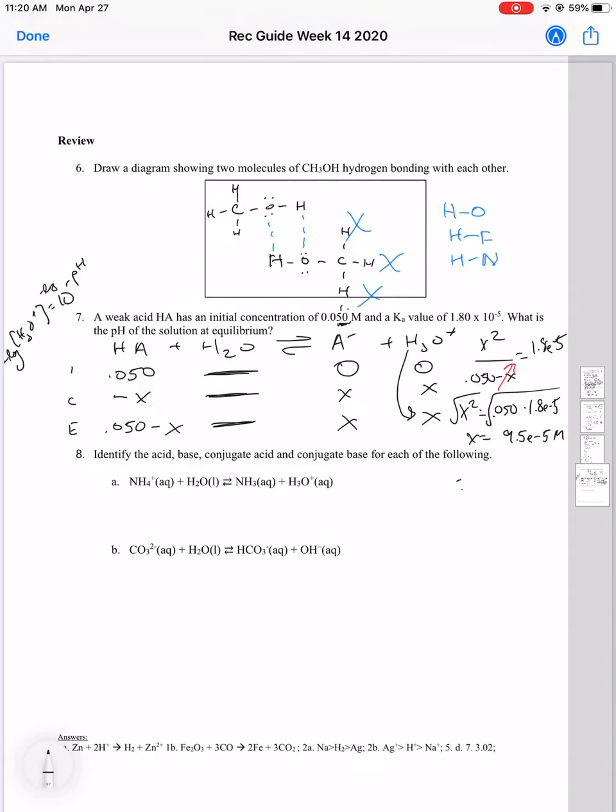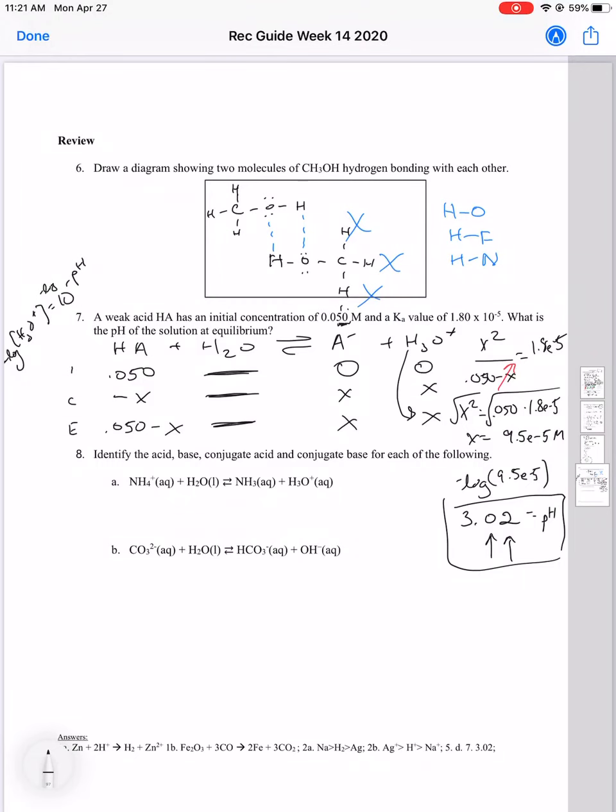And so the negative log of 9.5 times 10 to the negative fifth is 3.02. Remember, the only sig figs for pH are the ones after the decimal, and that's only true for pH. So that has two sig figs. That 3 that's before the decimal doesn't count as a sig fig, so two sig figs there.